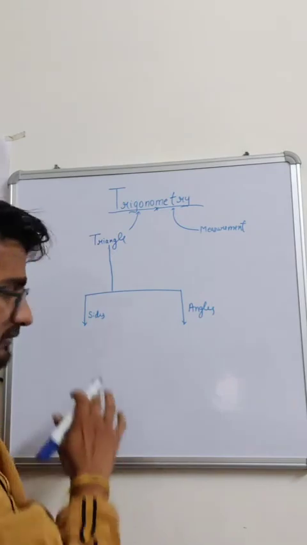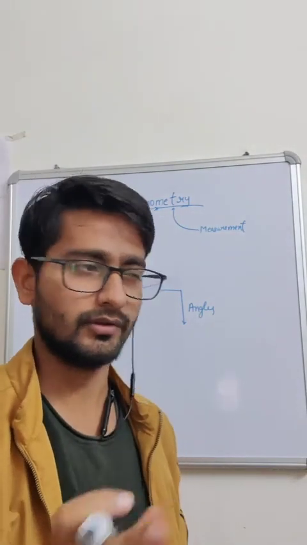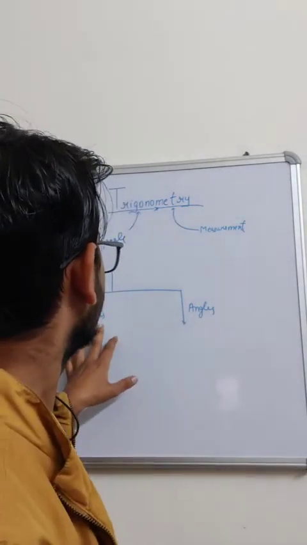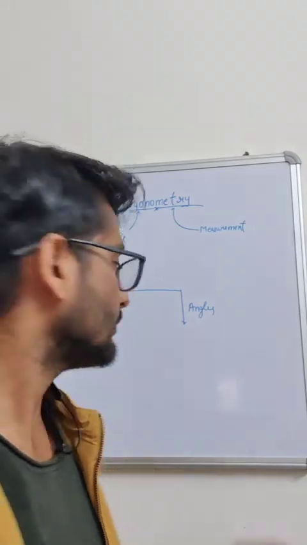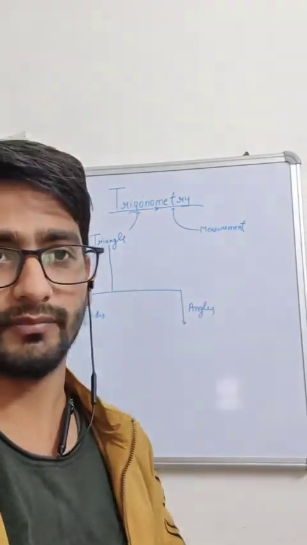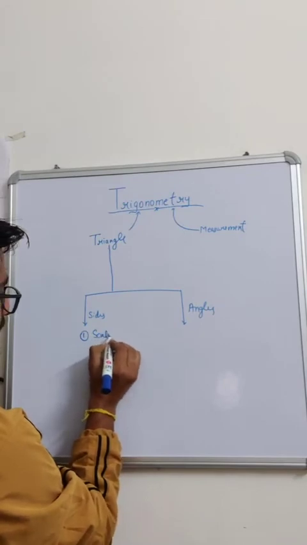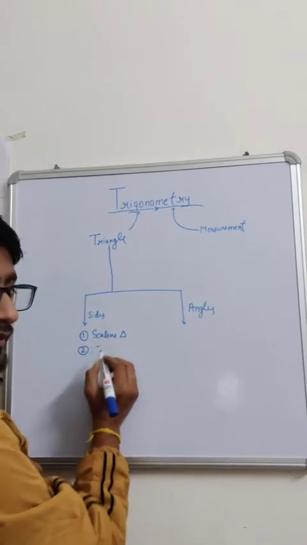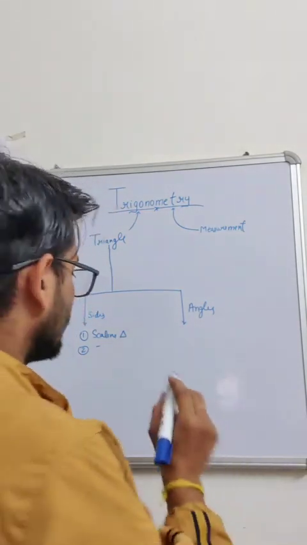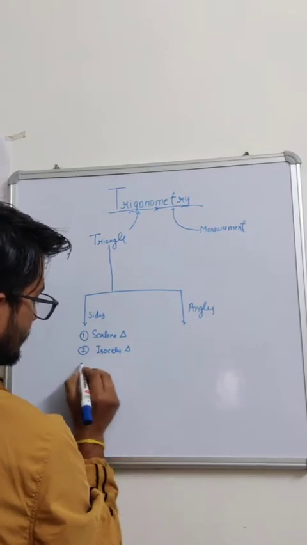On sides, the triangle can be of any length: all the sides different, two sides of the same length, or all the sides of the same length. So the first case is the scalene triangle, the second one is the isosceles triangle, and the equilateral triangle.